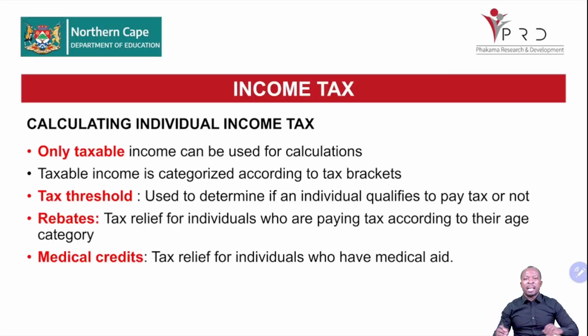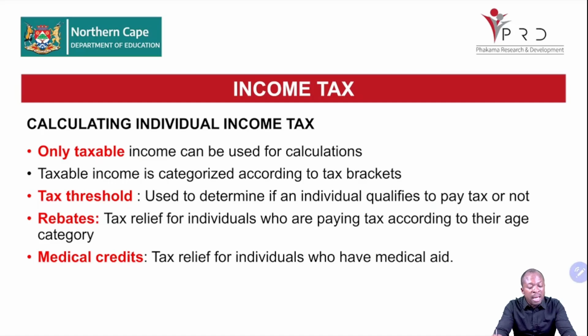Now, let's tackle the last part of finance, which is our income tax. On the income tax, remember that we only use what? Taxable income. Meaning, after we have deducted all allowable deductions, that's when we can start using the money left for our tax calculations. Whenever you talk of tax threshold, we use it to help to determine whether the person must pay tax or not.